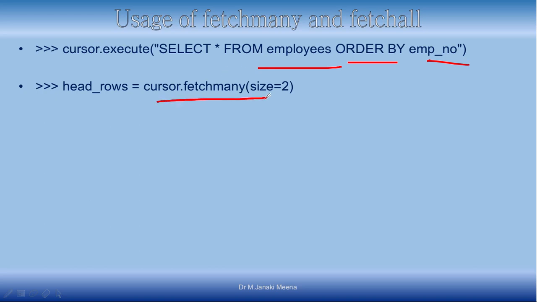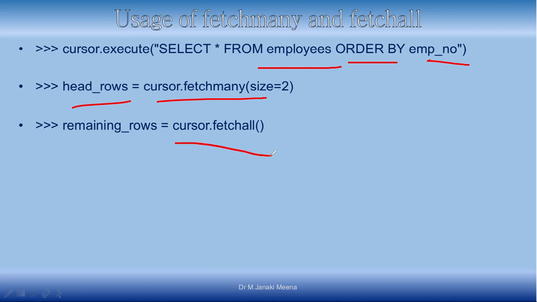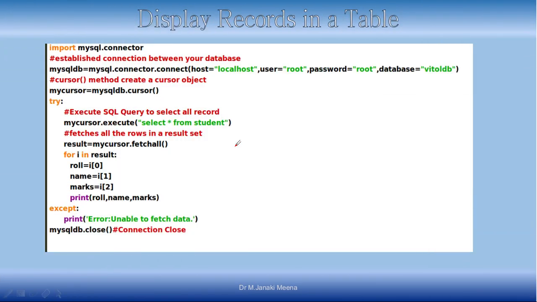The top 2 records are taken and stored in head rows as a list of tuples. Then I use fetchall, and the remaining things are stored in remaining rows, which is just a variable name.